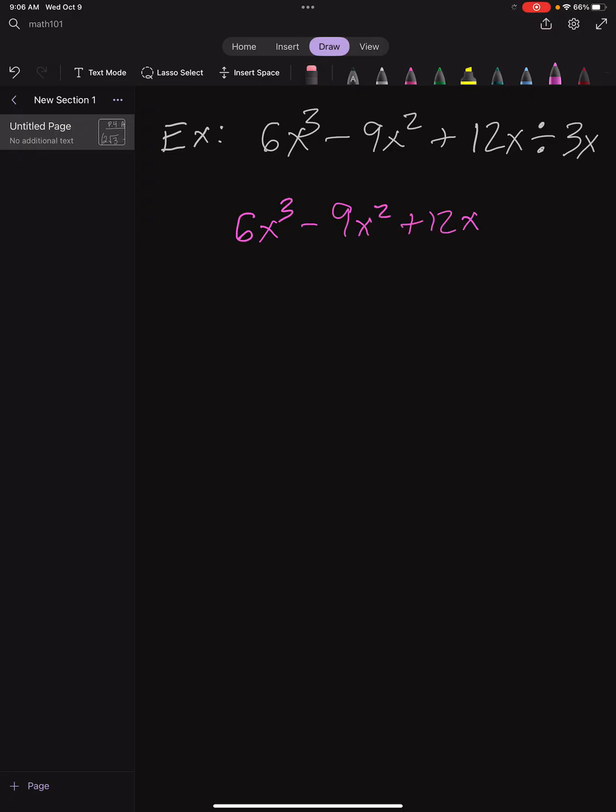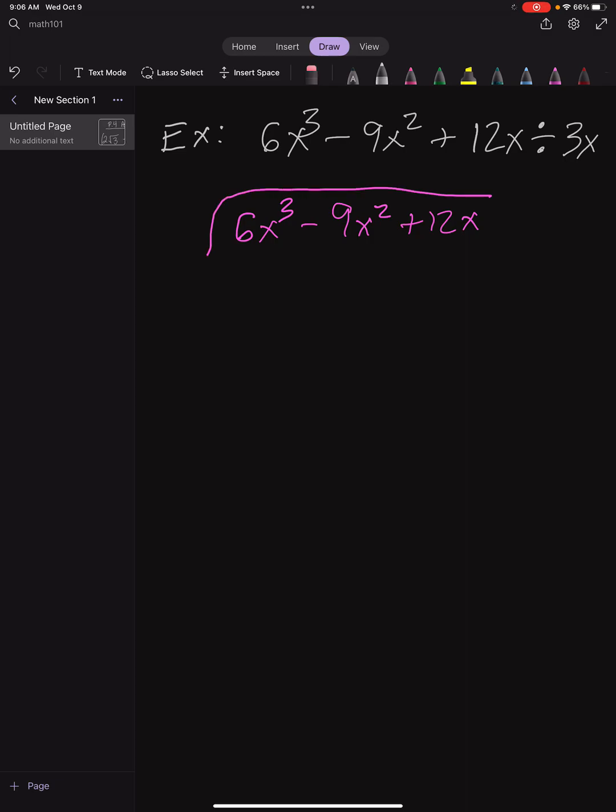And let's do 6x cubed minus 9x squared plus 12x divided by 3x. So just like we did before, we're going to set this up where 6x cubed minus 9x squared plus 12x is all inside of the division symbol.